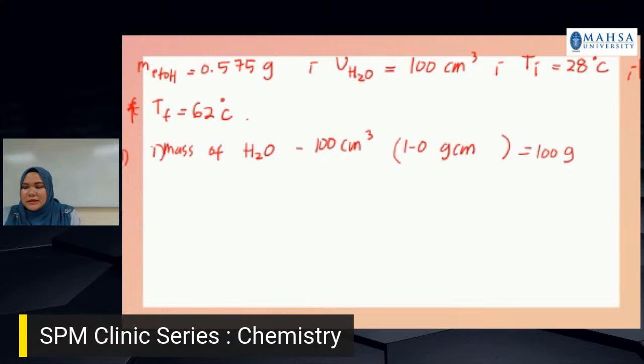And then the second step is, once you have mass of H2O, you can find the heat release.